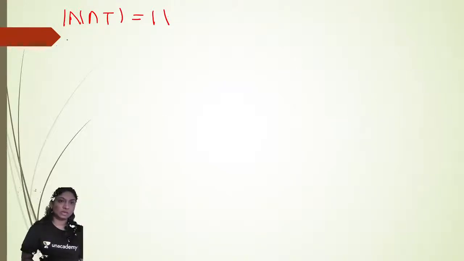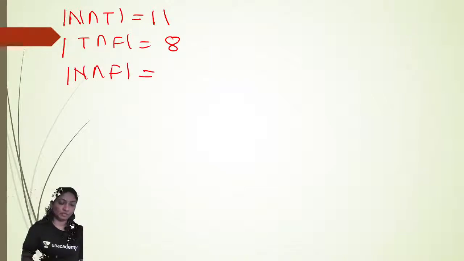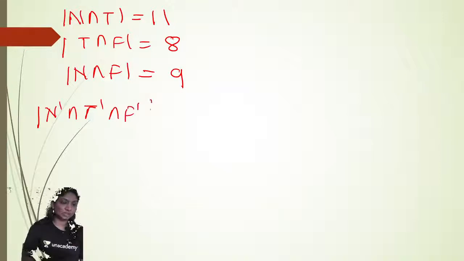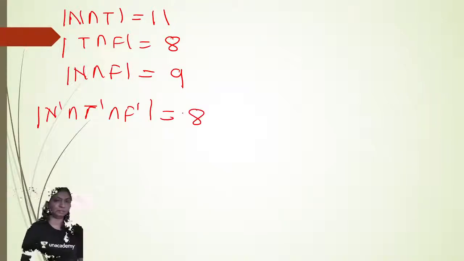Here we will write down: the cardinality of N intersection T is equal to 11, news as well as time. Then the cardinality of T intersection F is equal to 8. The cardinality of N intersection F is equal to 9. Those who read none of the magazines, T' intersection F', is equal to 8.